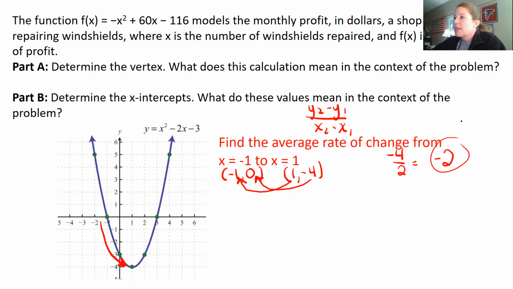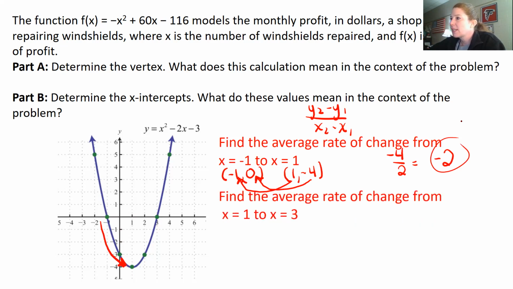Absolutely. So now it's asking, what is the average rate of change from +1 to +3? Well, on the x-axis, from +1 to +3, now it's increasing. So I bet you we'll get a +2, but let's plug it in and figure out for sure.